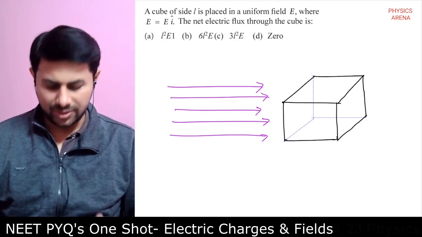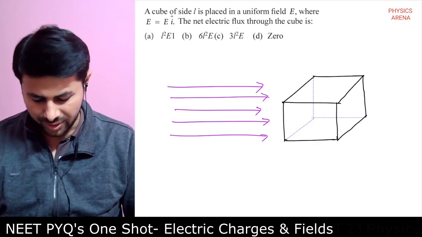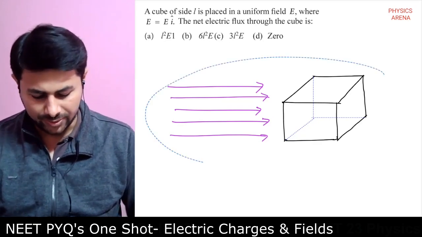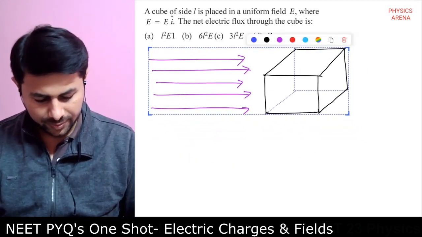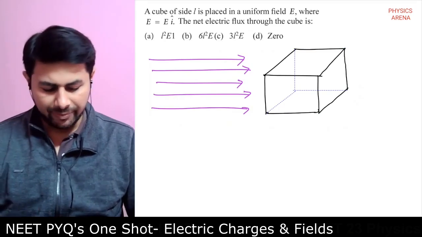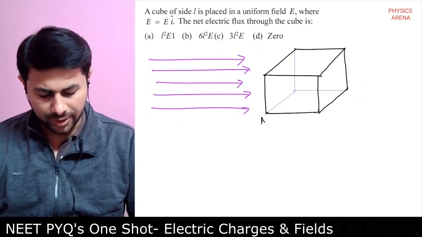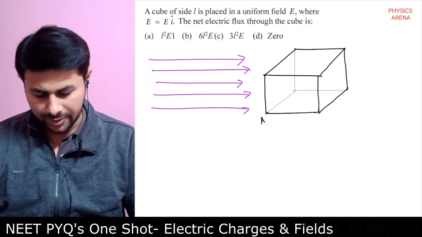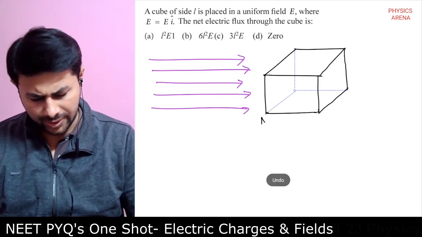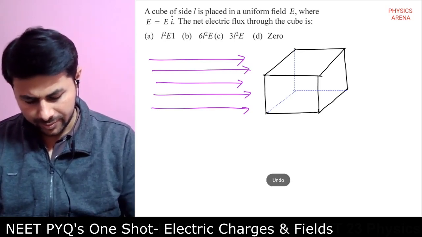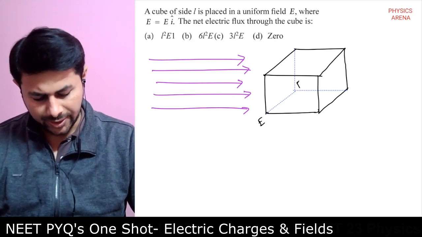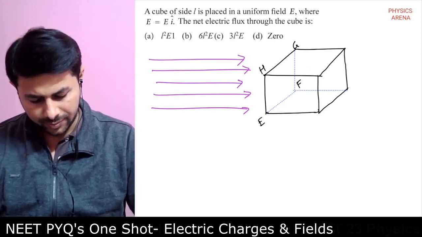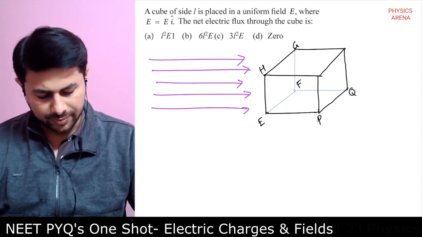Okay. The answer would be zero only, but let me explain how. So let's name this cube ABCD or EFGH PQRS.